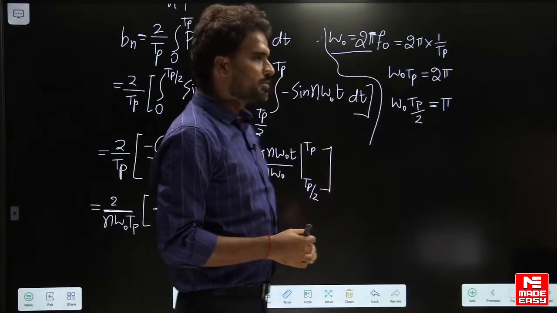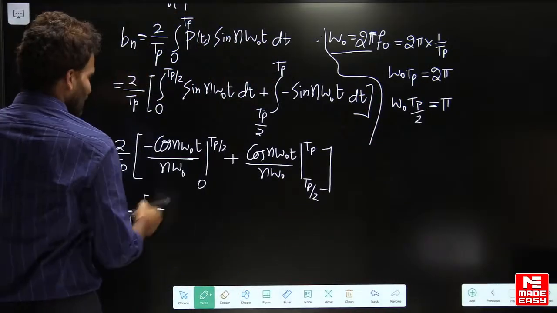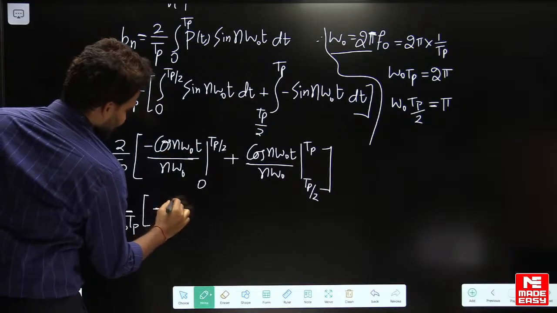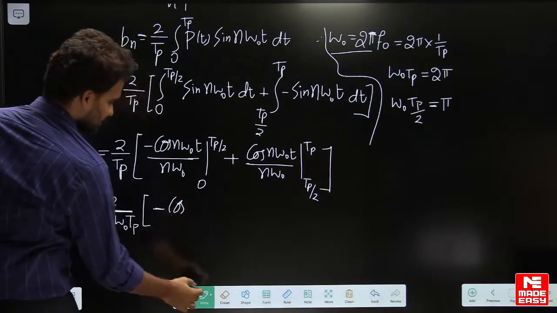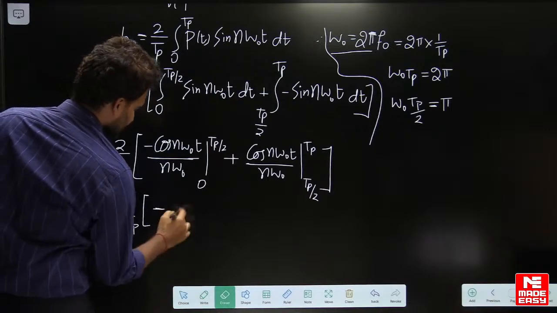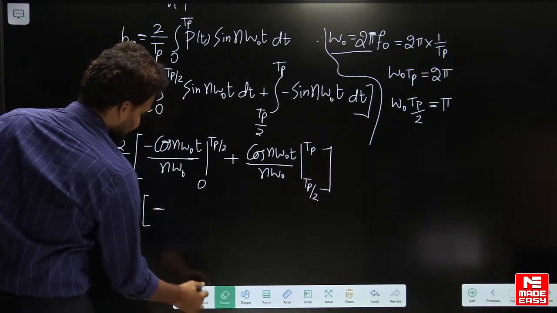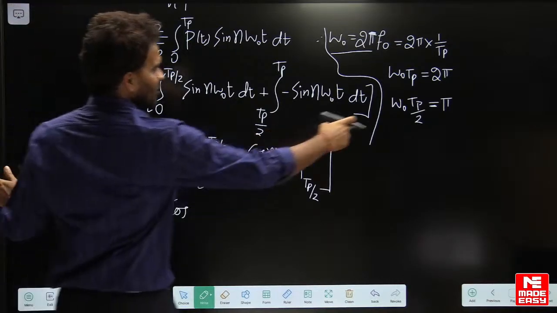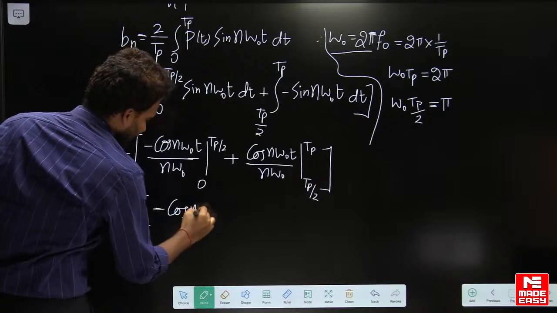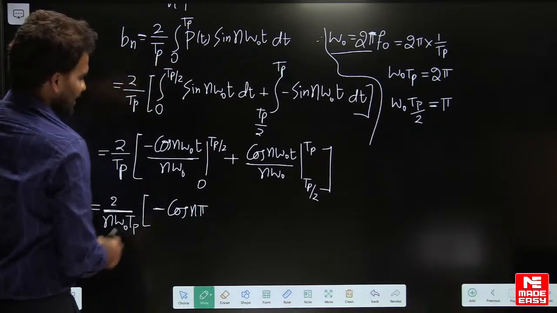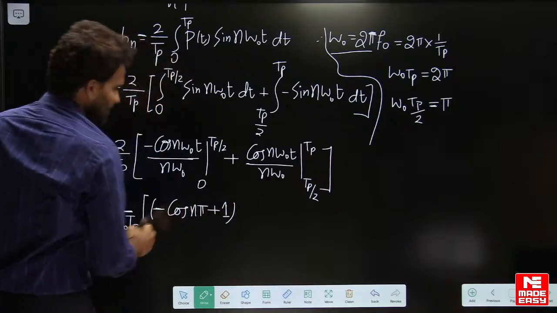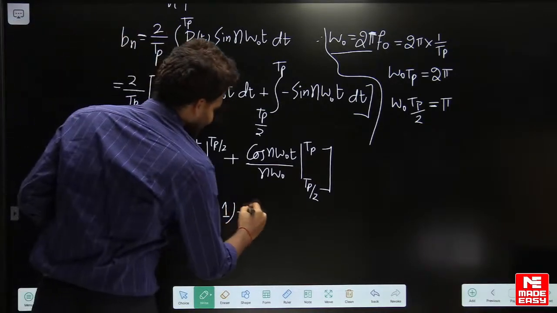So omega naught Tp by 2 will be pi. So this is cos n pi; minus of minus will be plus, and cos 0 will be 1.